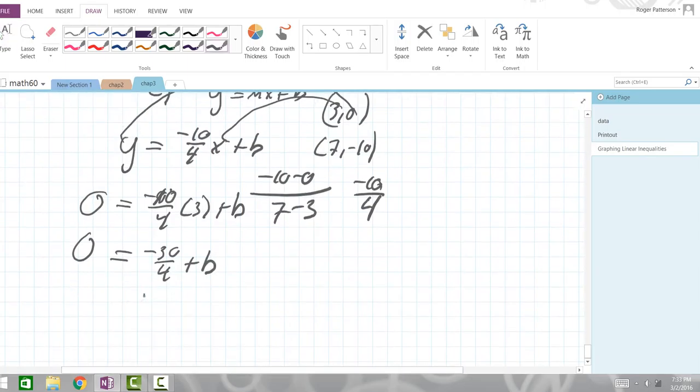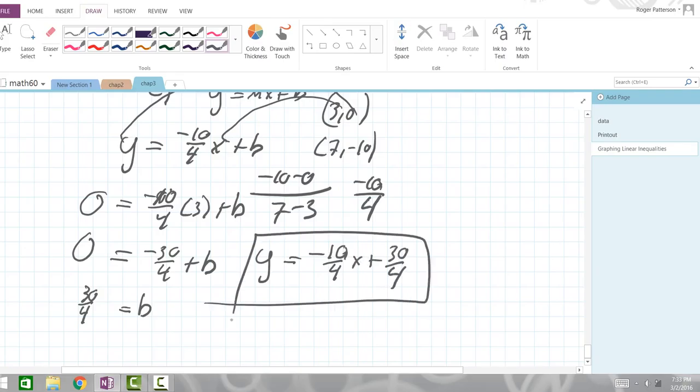So b is going to equal 30 over 4. So there's my equation. Negative 10 fourths x plus 30 over 4. Okay. What a mess that is.